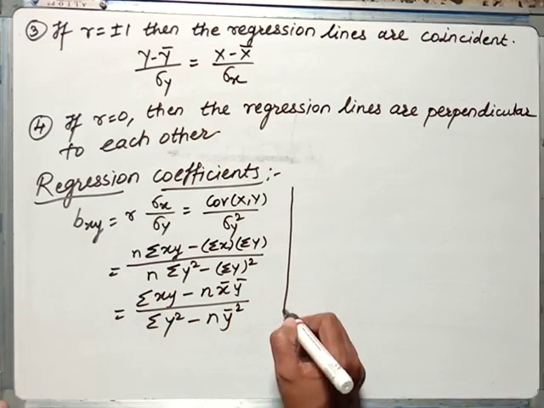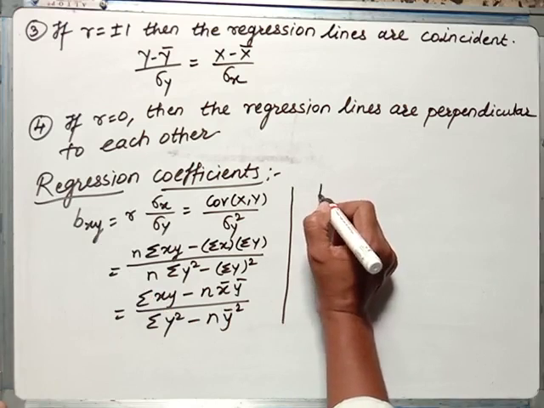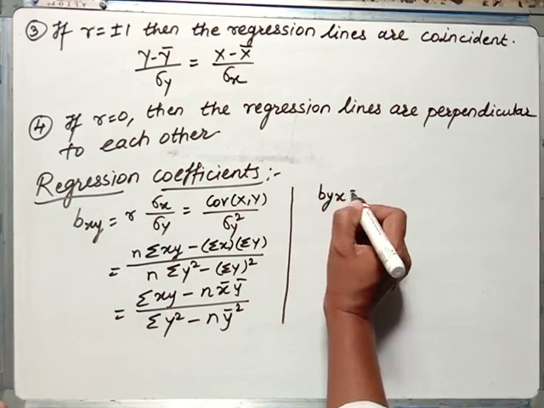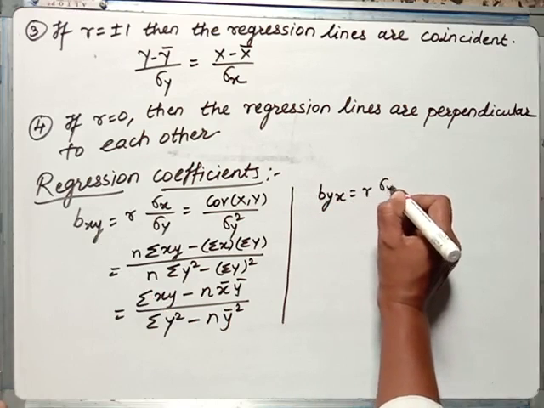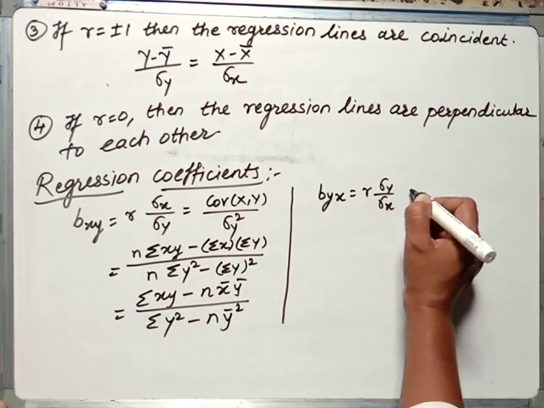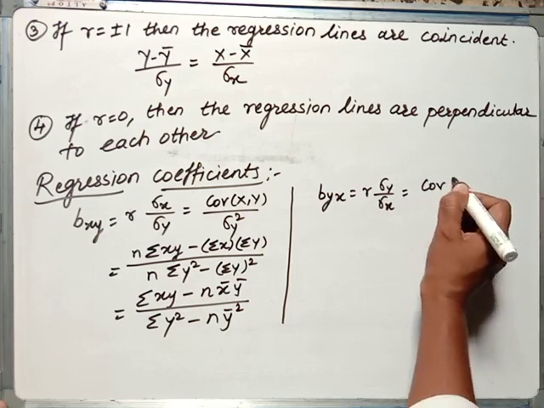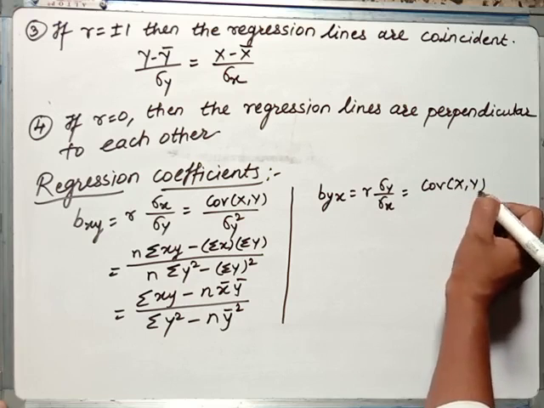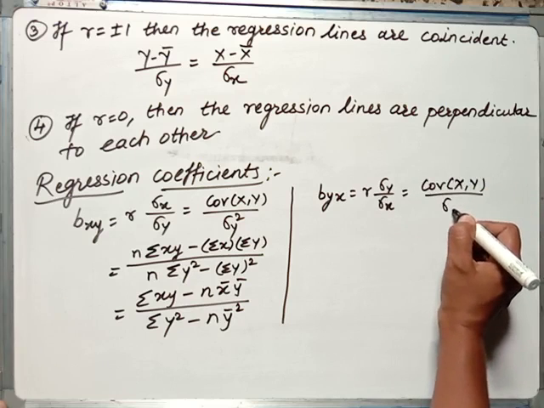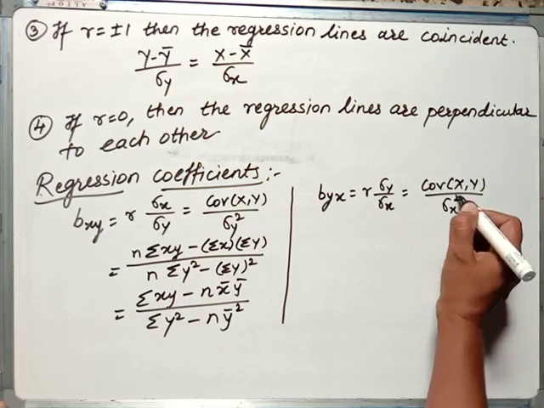Similarly, byx is r sigma y upon sigma x, that is covariance between x and y upon sigma x square.